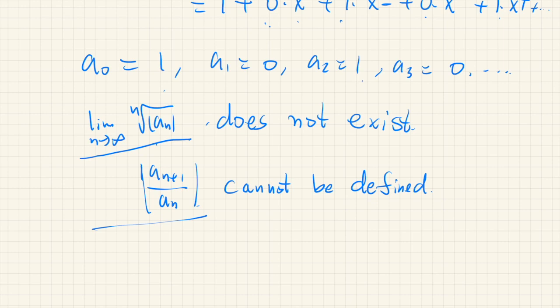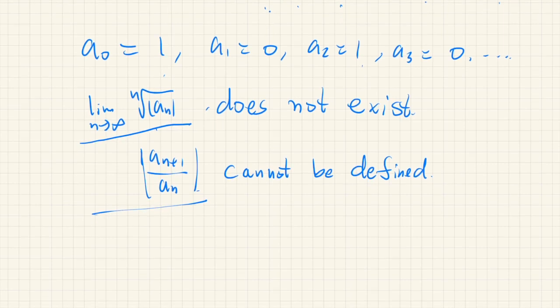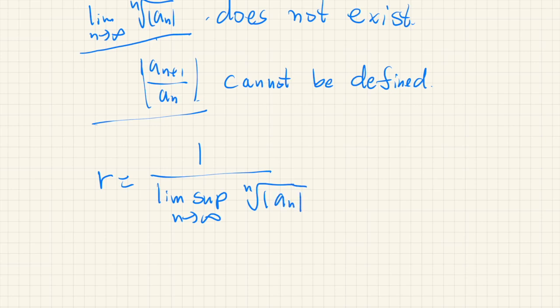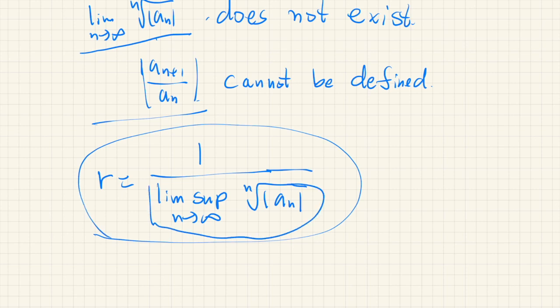Actually, it does exist. And if we use something called the limit superior, then the radius of convergence can be given as this: the limit superior, as n goes to infinity, of the nth root of a_n. So the radius of convergence is given by this. I will explain what this means in another video.